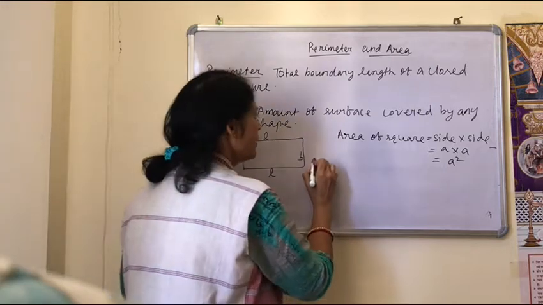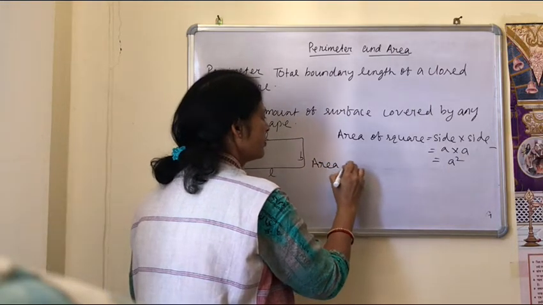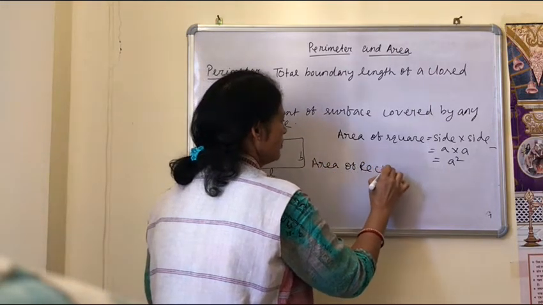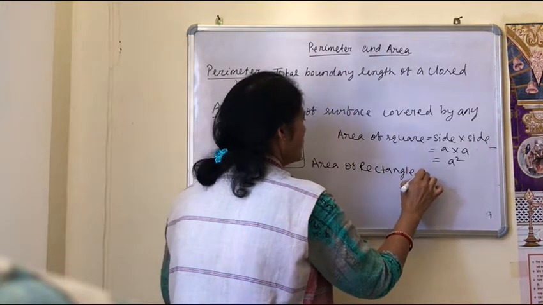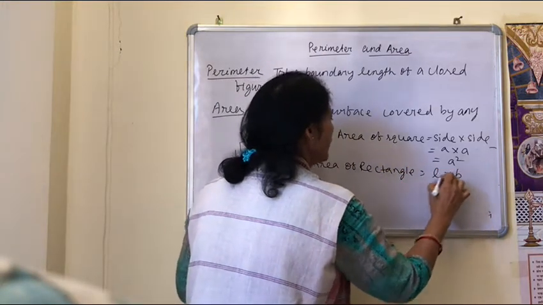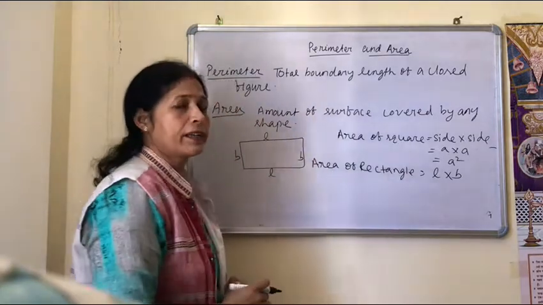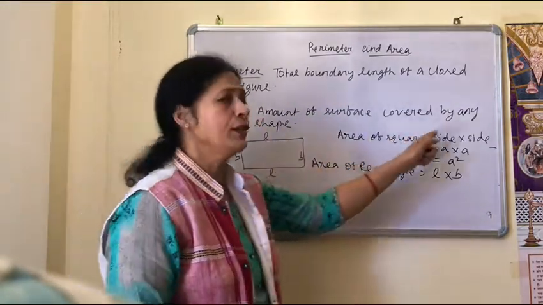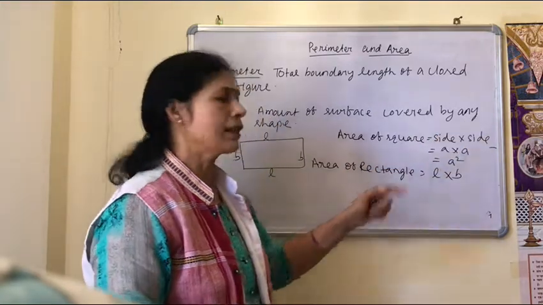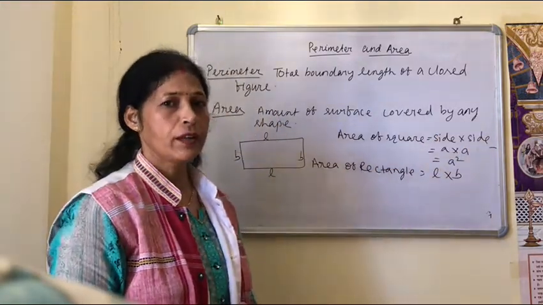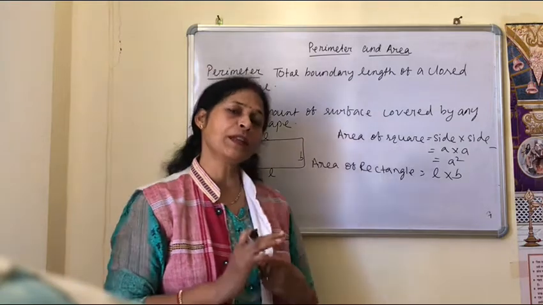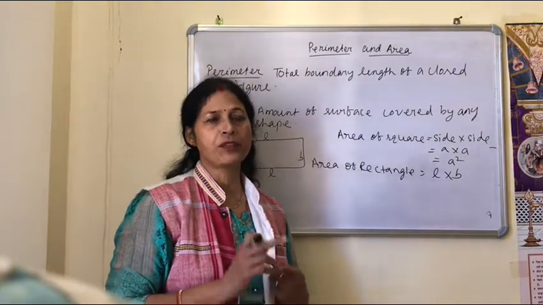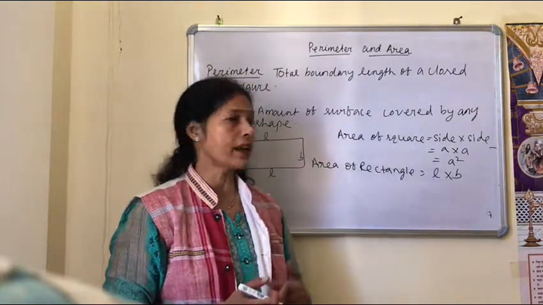So what is the area of rectangle? Length into breadth. So area of square is side into side, and area of rectangle is length into breadth. This is all about perimeter and area of rectangle, square and triangle.